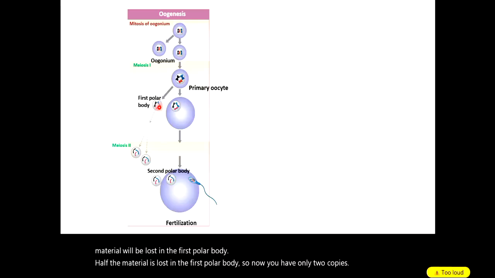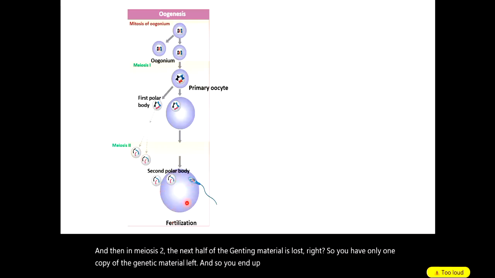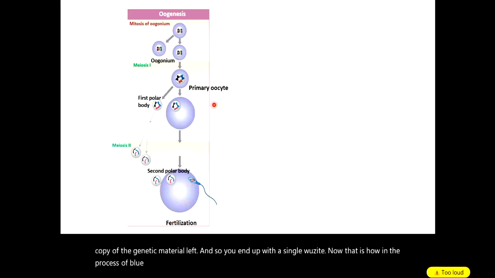And then in meiosis 2, the next half of the genetic material is lost, right? So you have only 1 copy of the genetic material left, and so you end up with a single oocyte. Now that is how, in the process of oogenesis, a single oogonium is giving rise to a single oocyte.